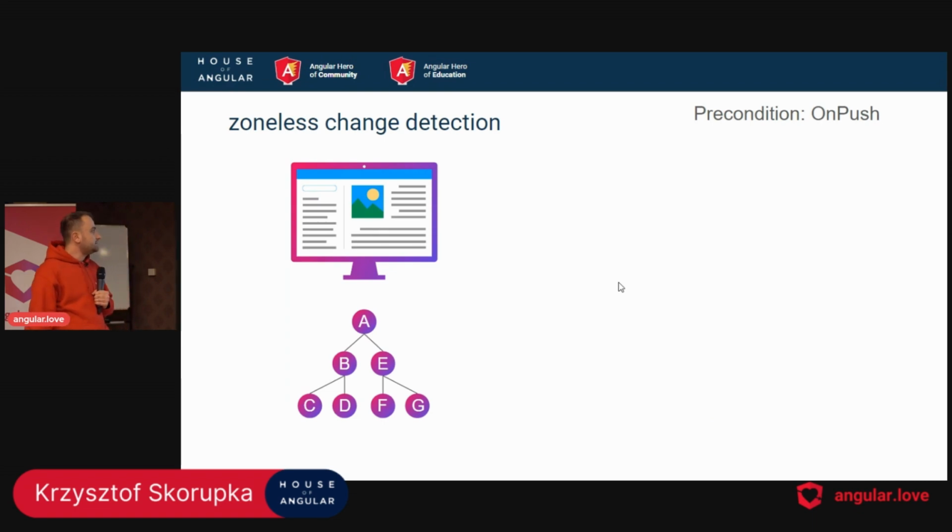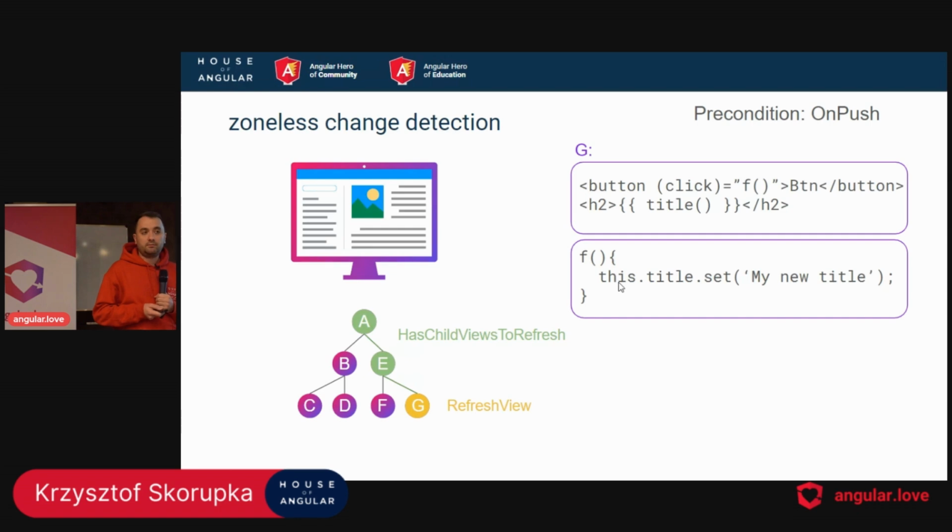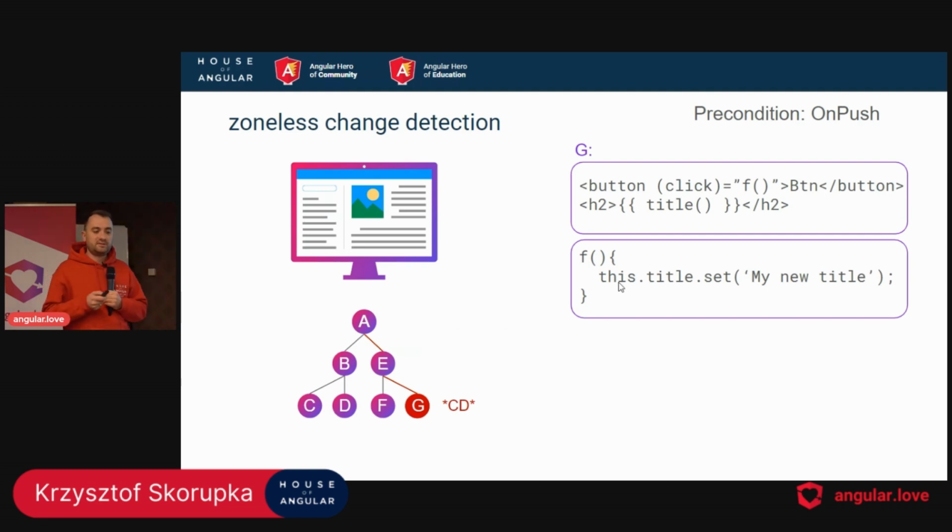So let's bring it to our example. We have our application, and the code looks like the following, without any dirty hacks, just like we used to write our applications. Then the event occurs. The path is marked with the proper flags, as previously, but change detection is run only for this component.